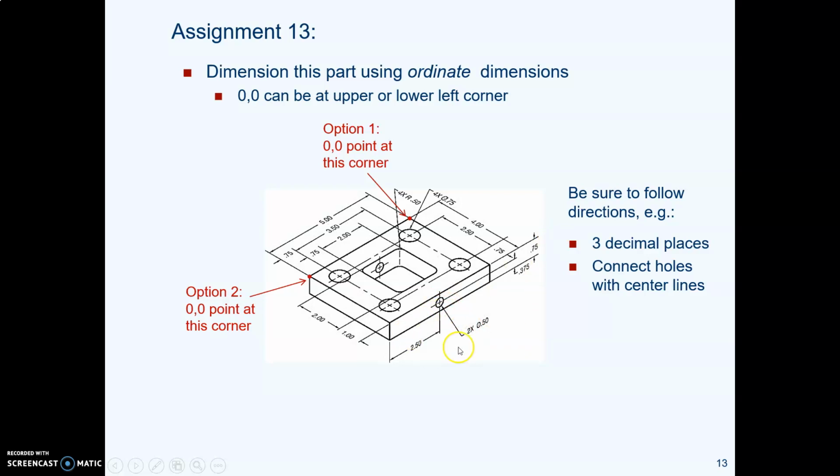In this side view, you could do that with ordinate dimensioning or arrows if you prefer, because we can mix styles in a drawing. Might be better to use ordinate just so you can have some practice at that. All right, so there's an overview of ordinate dimensioning. Now let's go look at doing that in AutoCAD.